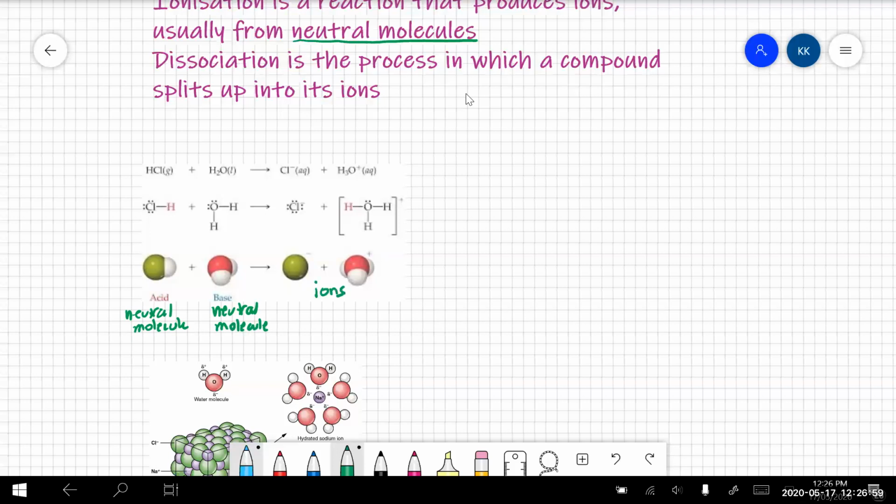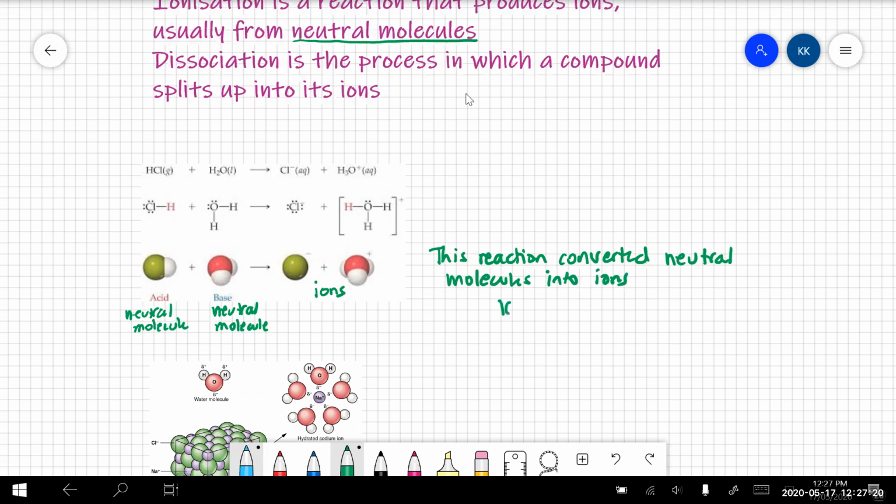So we have turned neutral molecules into ions. And that is what we call ionisation.